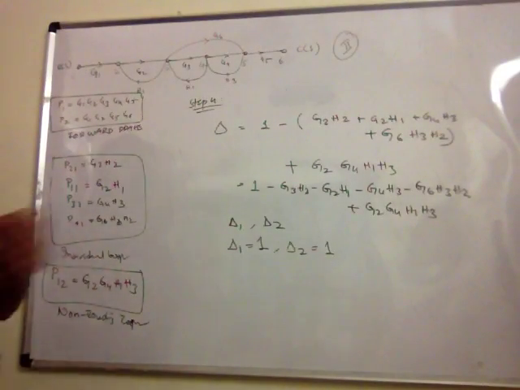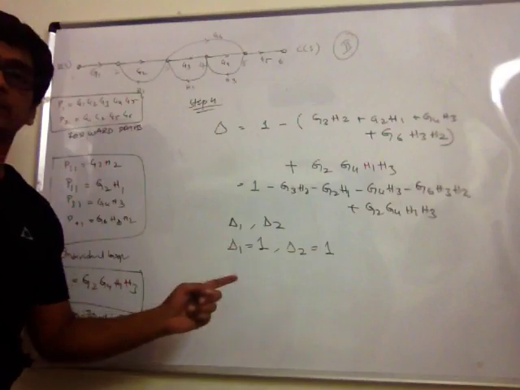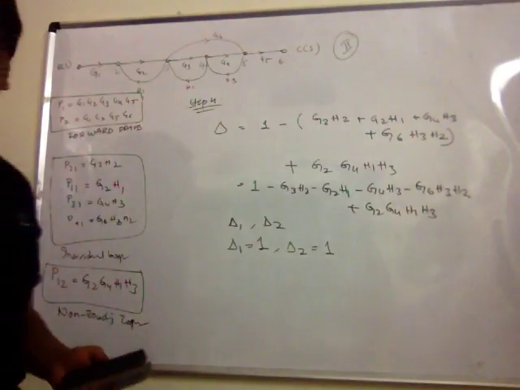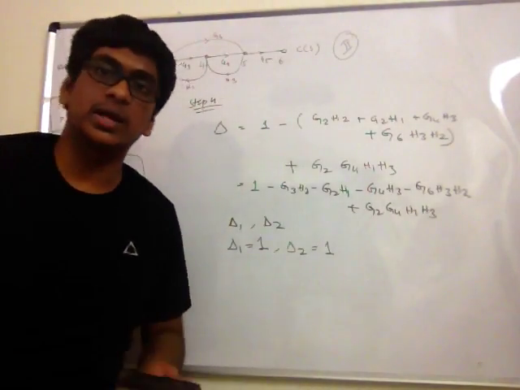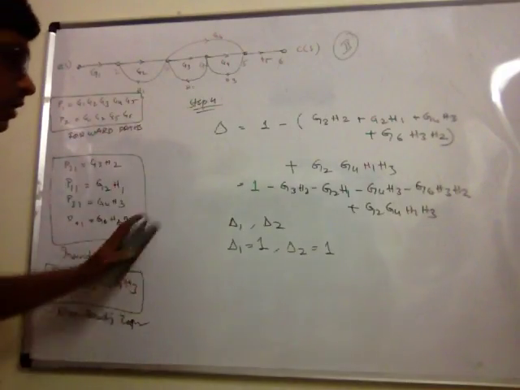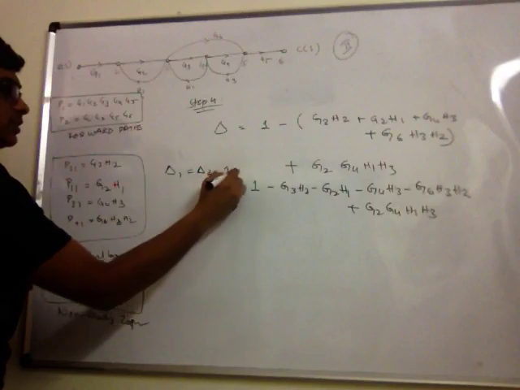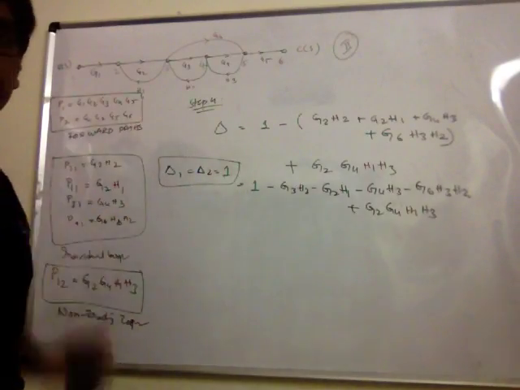So now we have the values of delta, delta 1 and delta 2, and we also have the values of P1 and P2. So all that is left is to use Mason's gain formula to find out the transfer function. So I'm writing down delta 1 is equal to delta 2 is equal to 1. And that's the value of delta.